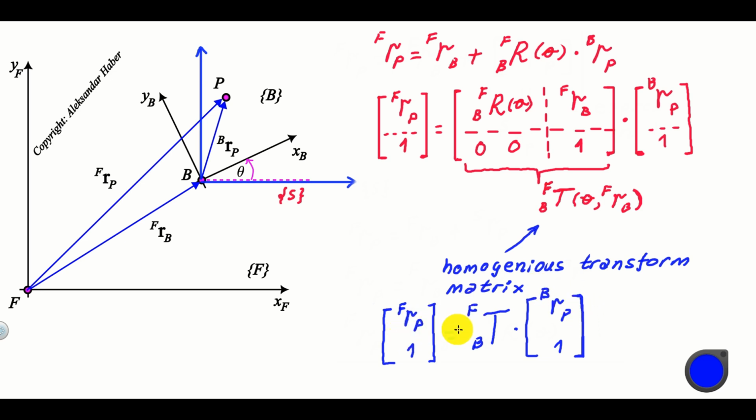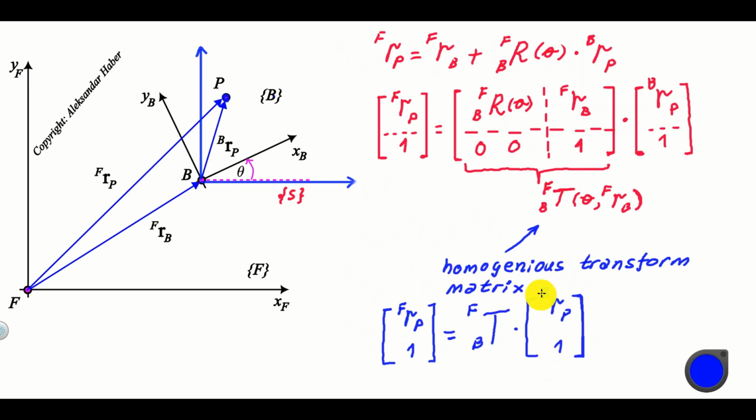By deriving this equation, we arrived at a very important conclusion. We can take the coordinates of the point P in the coordinate system B, and these coordinates are encoded into the projection of RPB. Then we can simply form our homogeneous matrix or homogeneous transform matrix.